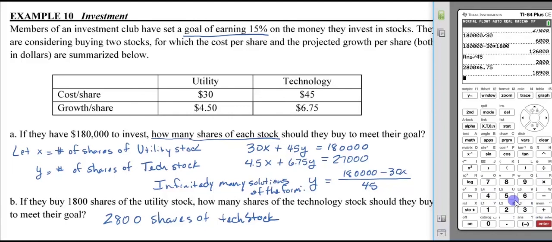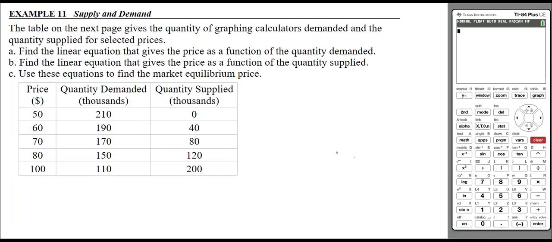And if we take the 1,800 shares and multiply that by its growth, 4.5, you get that. And if we add those amounts together, you should get your $27,000, which is what we calculated as the goal of 15% on their investment of $180,000.